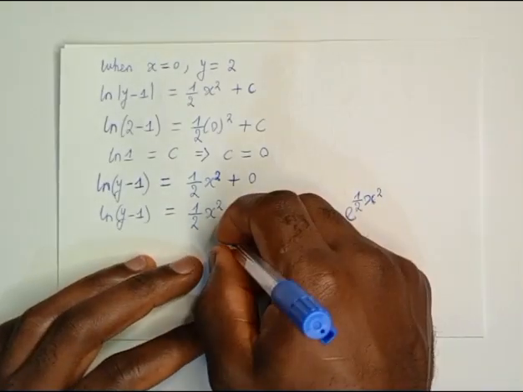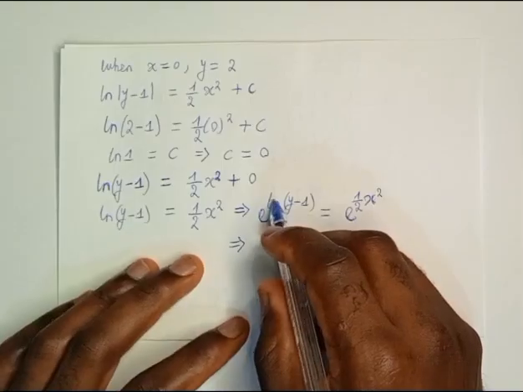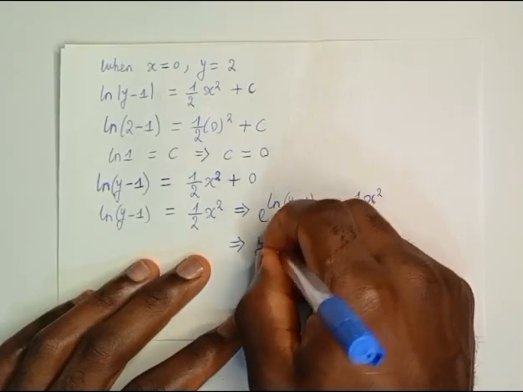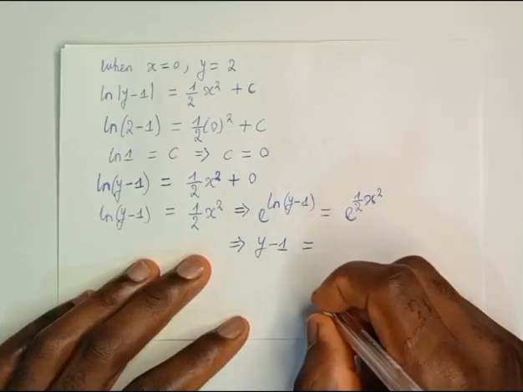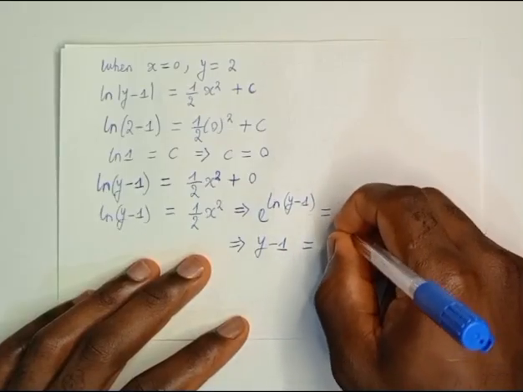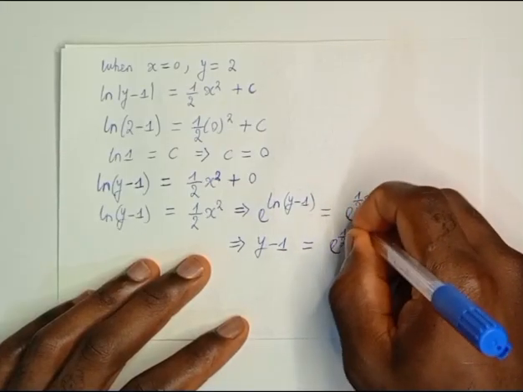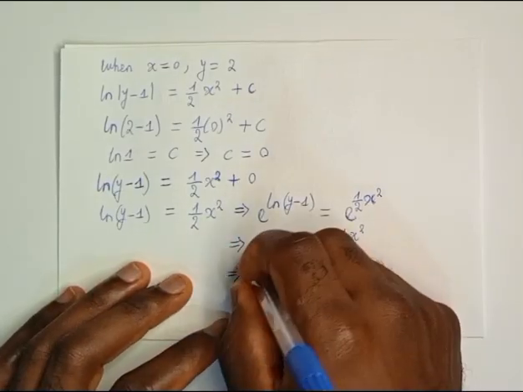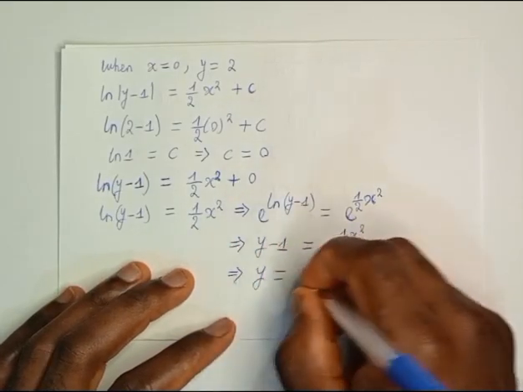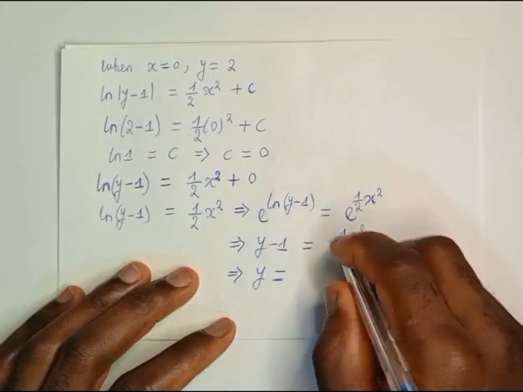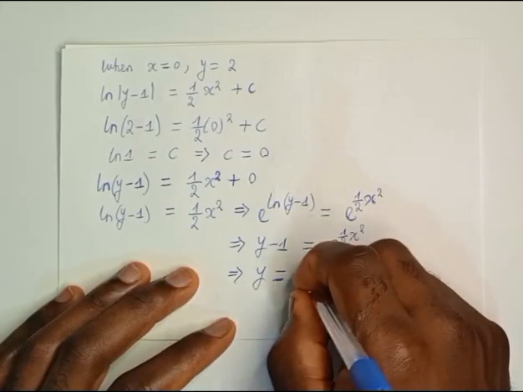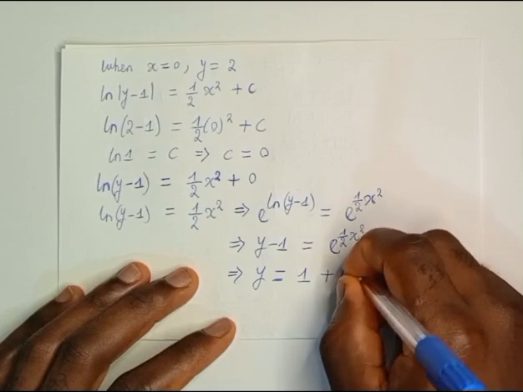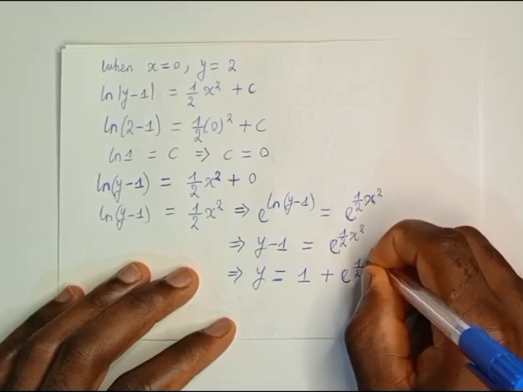Then, e raised to the power ln(y - 1) gives us y - 1 = e^((1/2)x²). If we make y the subject of formula, we transfer -1 to the right hand side, it becomes +1.